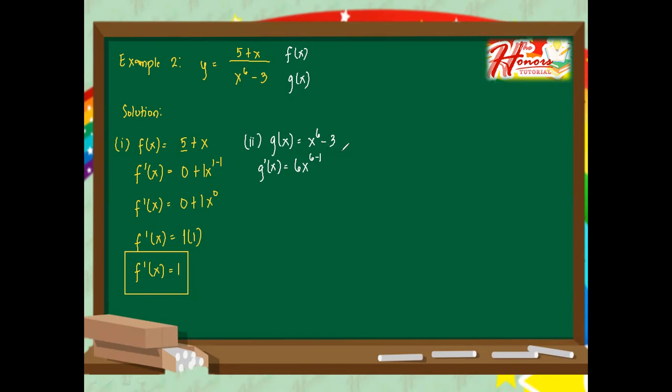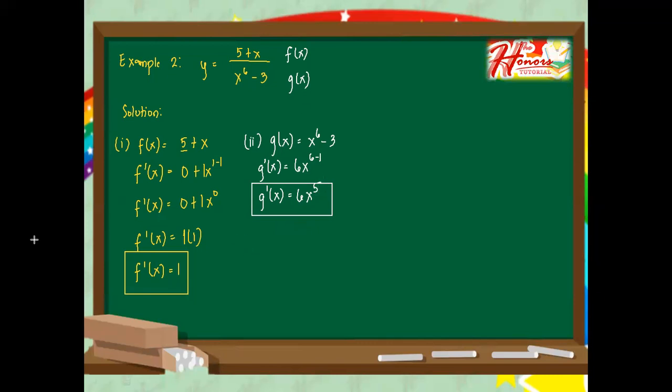And then since negative 3 is a constant, we can just eliminate it, because the derivative of negative 3 is 0. Let's continue solving. G prime of x is equal to 6x raised to 6 minus 1, that's 5. So as you can see here, the value of g prime of x is 6x raised to 5.